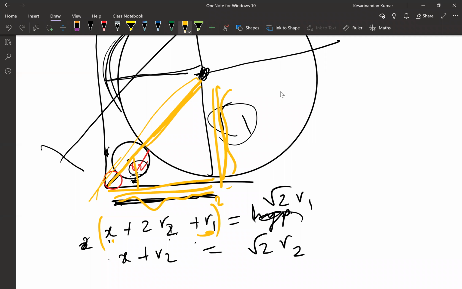Is this equation clear, guys? How did we get this part? Any doubt in this question? Ask me right now. Anybody?